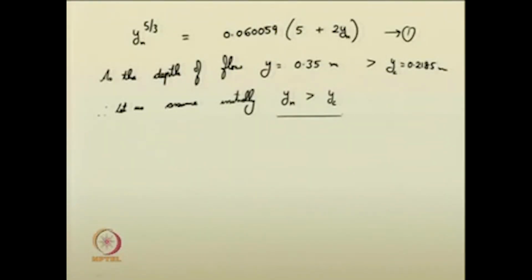So, if this is not true, then you can come back again and assume normal depth as less than critical depth, that is a steep slope, and then you can start the computations. But let us consider the trial and error procedure.